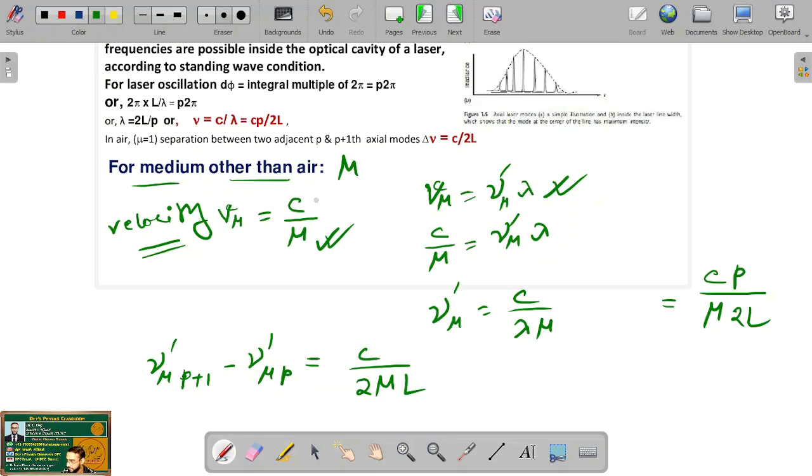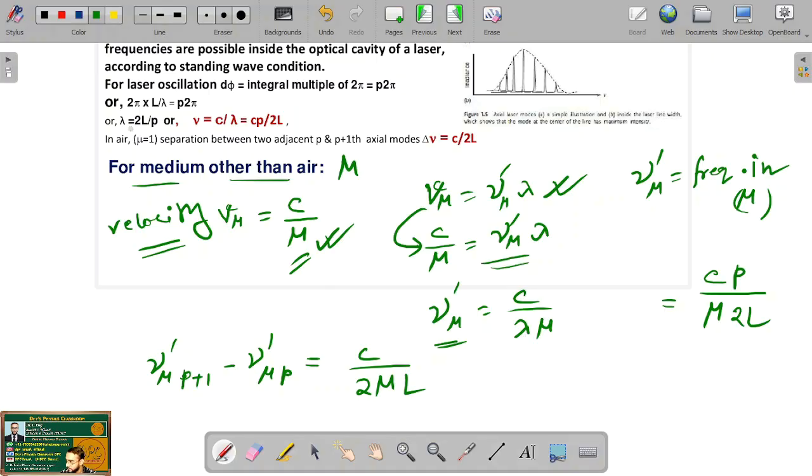Now if we put this value c by mu here, on the left hand side, we will get c by mu equals nu mu prime into lambda, where nu mu prime is the frequency in that medium of refractive index mu. So from here we get the frequency nu prime mu equals c by lambda mu.